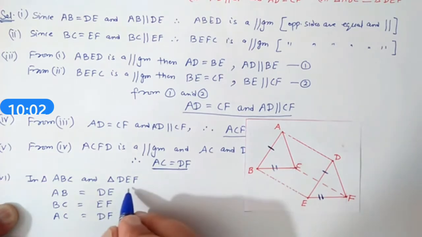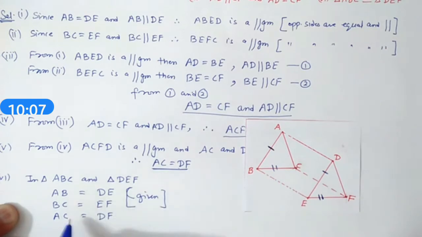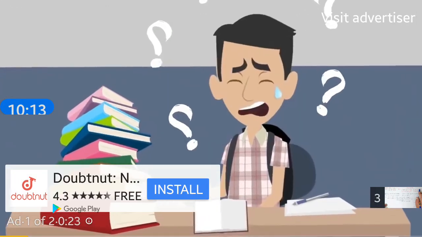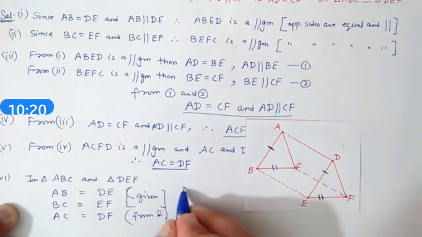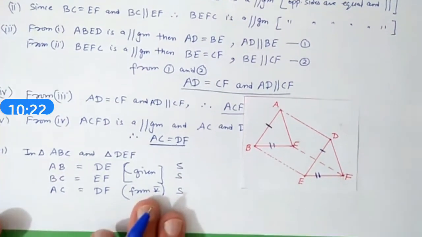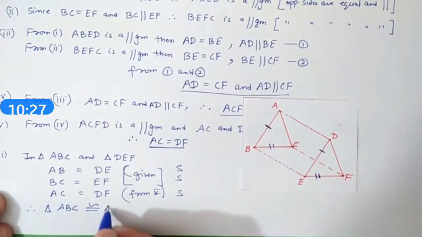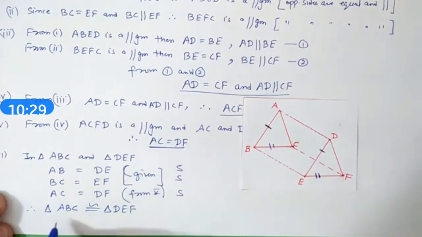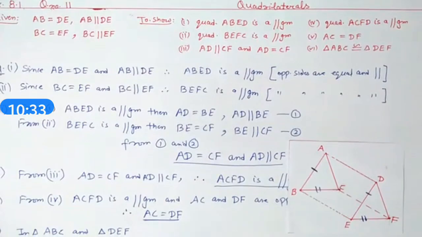Here you will write the reason also. So for first two you can write given and third one proved in part fifth. You can mention this thing. So by SSS both the triangles are congruent. Triangle ABC congruent to triangle DEF, and this we have to prove, hence proved.